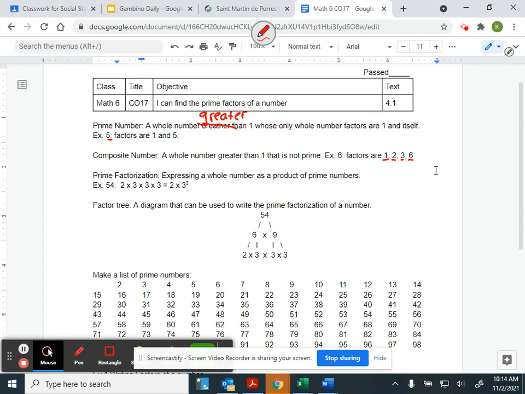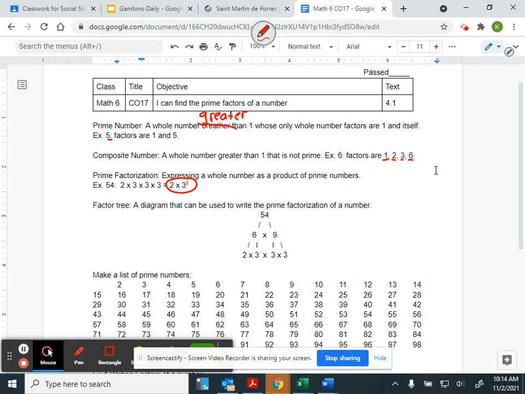Prime factorization, expressing a whole number as a product of prime numbers. So we have 54, and we're going to break down all of our factors, and we're going to see how it becomes 2 times 3 to the third power. So if we look at that factor tree, we use the factor tree to help us with that prime factorization.